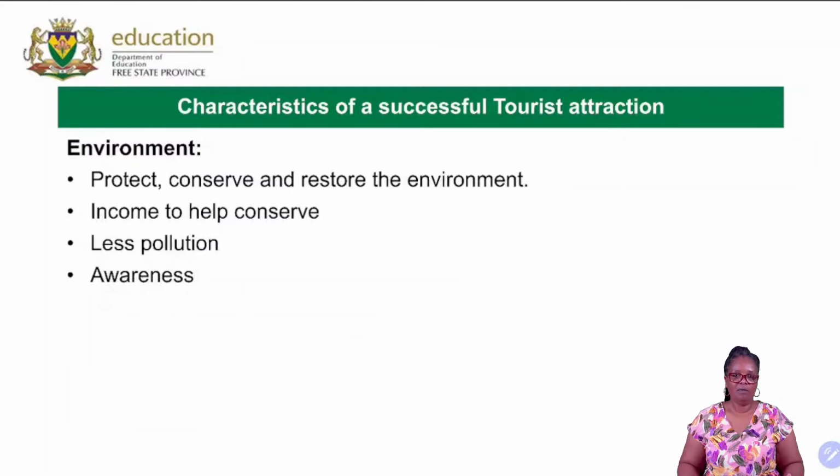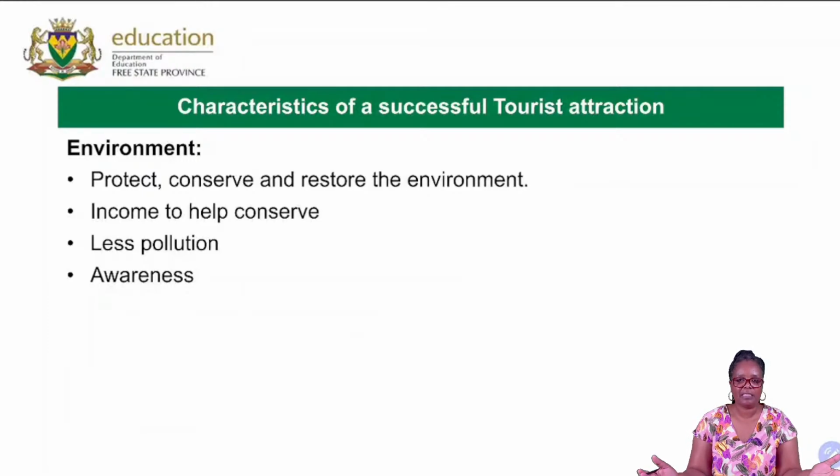Here we are. What positive impact must an attraction have on the environment? The attraction must make sure that they protect, they conserve and restore the environment. They must have plans. They have to make sure that they give out money, they give income for conservation of the area.